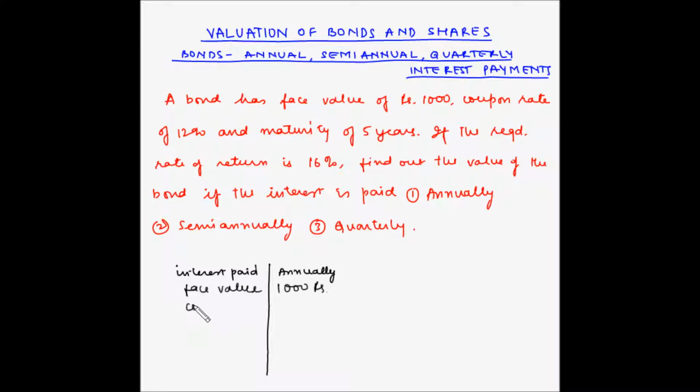Coupon rate is 12%. Number of periods is 5. And the required rate of return, KD, is 16%.